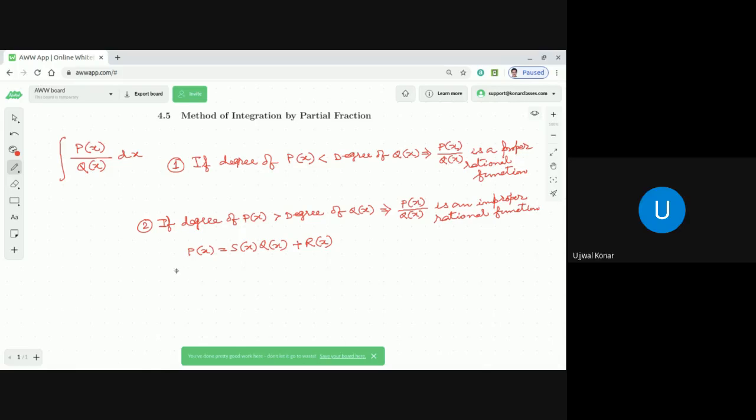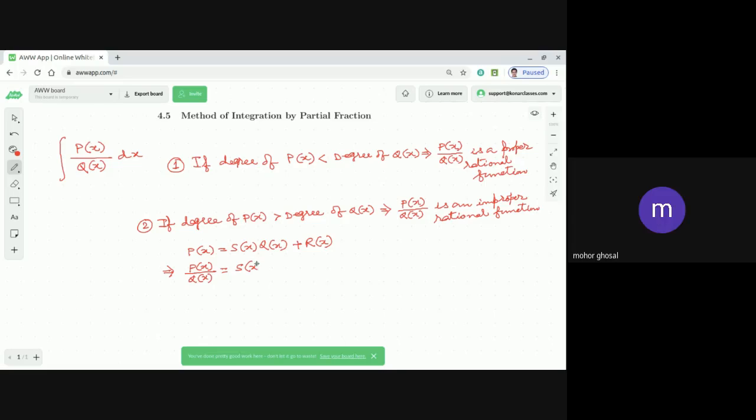Obviously, dear students, in all this discussion q(x) is never 0 for any value of x, because if q(x) is equal to 0, then the whole discussion has no meaning. So we can easily divide by q(x).